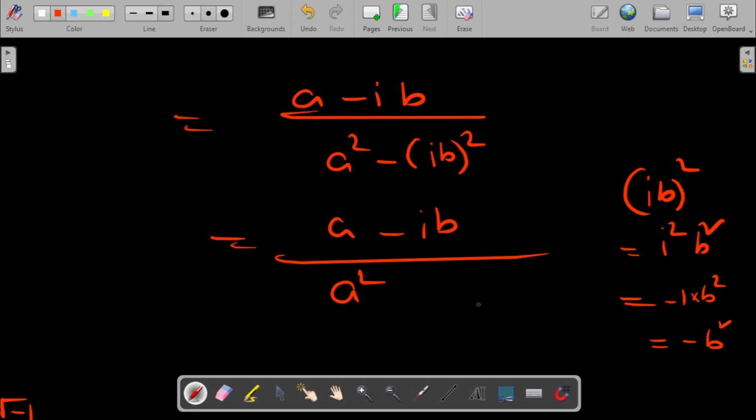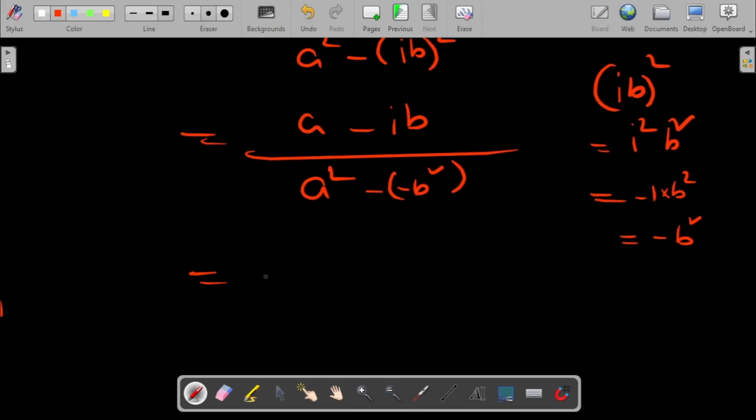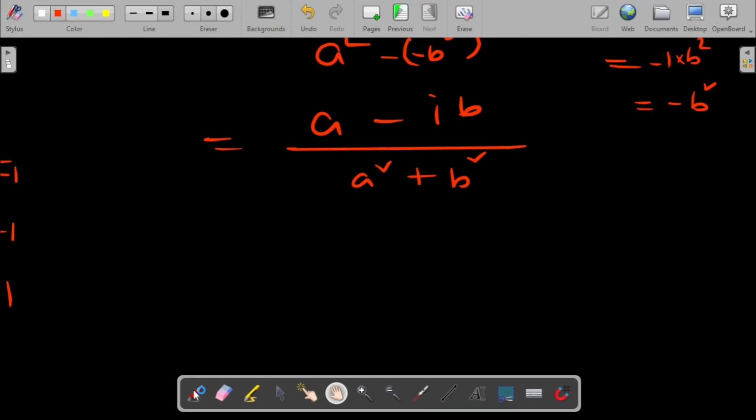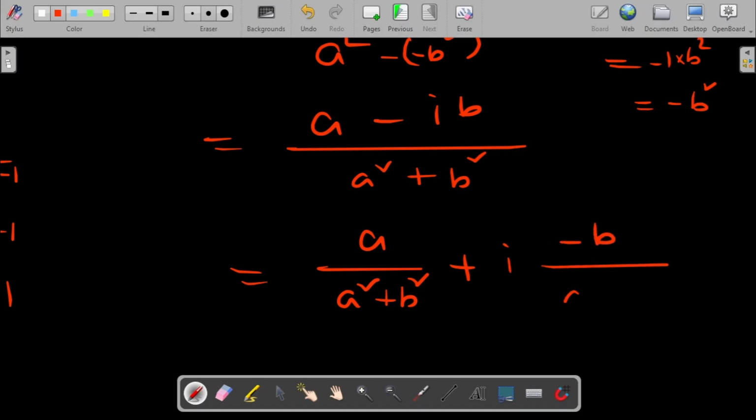So minus and minus B square, this equals A - iB divided by A square, and minus minus is plus, so plus B square. This can be written as A divided by A square plus B square plus i times minus B divided by A square plus B square.